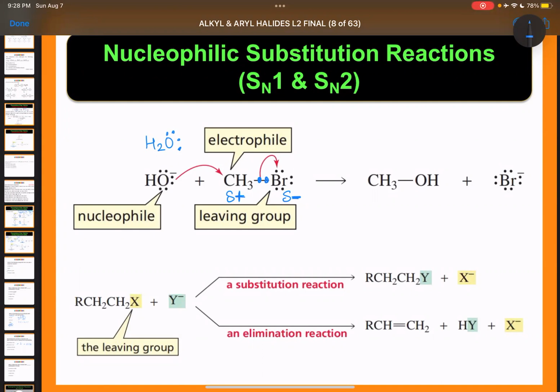Why? It is because the nucleophile is bringing its own electron pair, so the Br has to take the electron pair with itself.